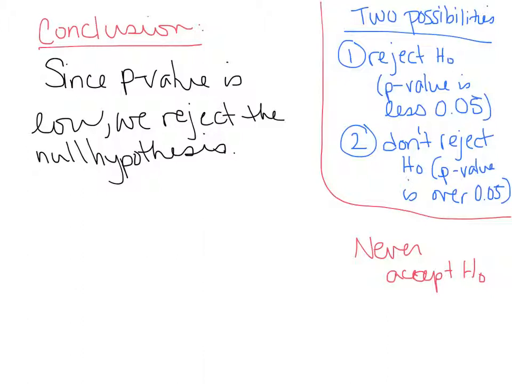The second part of it is to actually answer the question that they asked you. If you look back at the original question, they ask, is there strong evidence that this city has a higher rate of smoke detectors than the national rate? So then you're going to answer that.